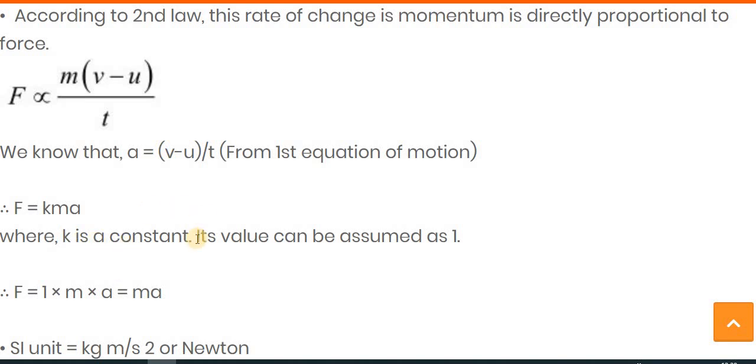With the constant value 1, F is equal to 1 into m into a, which is m into a.